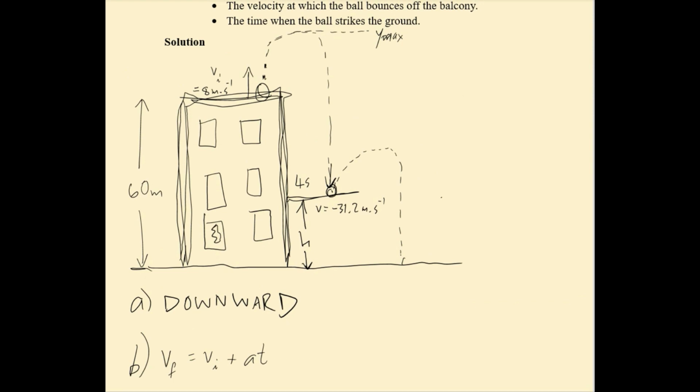We're dealing at the top of the building and the top of the balcony. So we can call this y building, and let's call this y balcony. Instead of just calling it initial and final, sometimes you lose track.